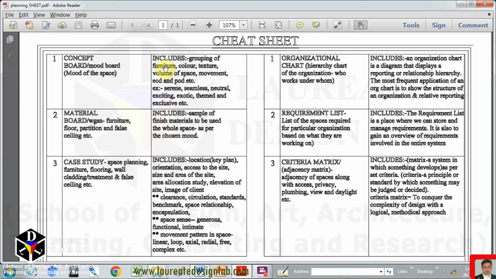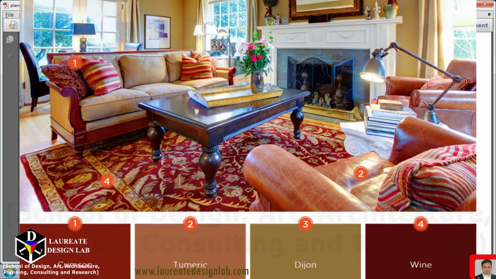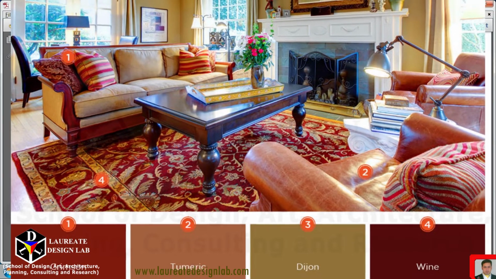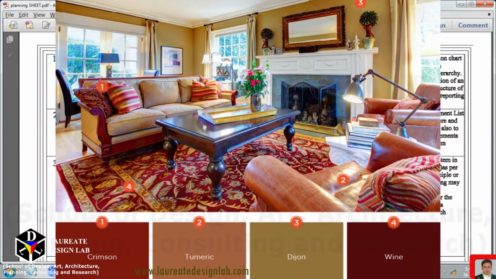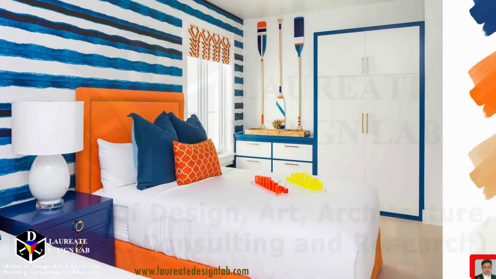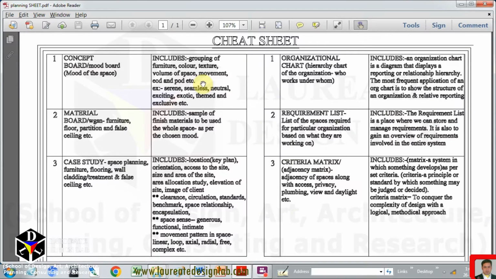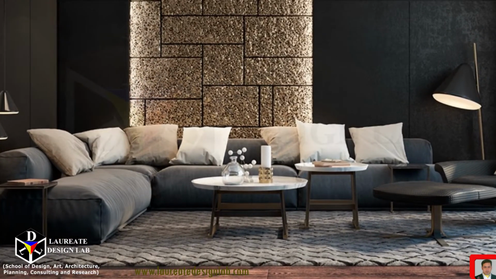Okay. Concept board also includes the color scheme, whether you want to take monochromatic color scheme, polychromatic color scheme, if you want to take complementary color scheme, triad, or maybe you may have your own signature style.